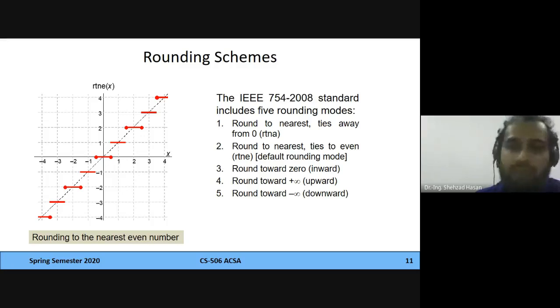So round towards 0 means go towards 0. It never talks about rounding to the nearest first and then going to 0. Okay. Round towards plus infinity means everything goes towards plus infinity. The negative side also goes to this side, and the positive side also goes to this side, right? And round towards minus infinity means everything goes to minus infinity. So the positive side goes to the one which is closer to 0, and the negative side goes towards minus infinity. Okay, I hope this is clear.